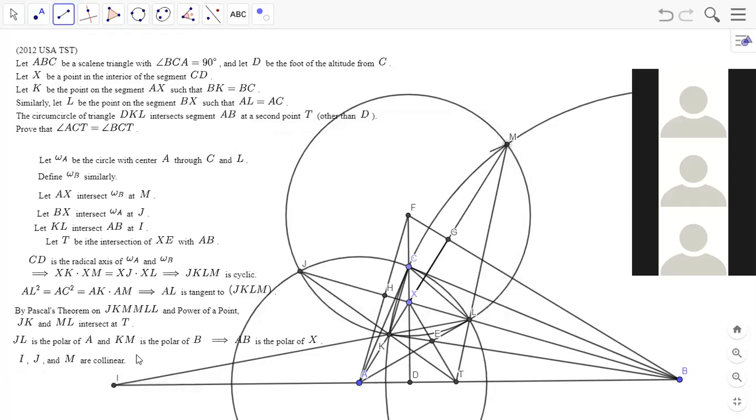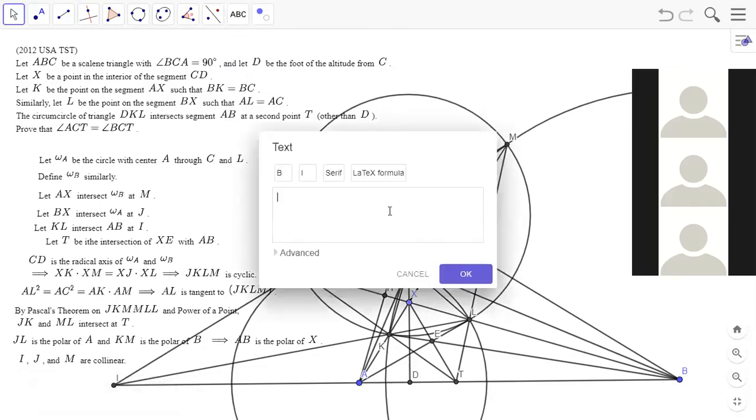So DKLT is cyclic. Okay. D is the Miquel point of JKLM, which implies that DKLT is cyclic.